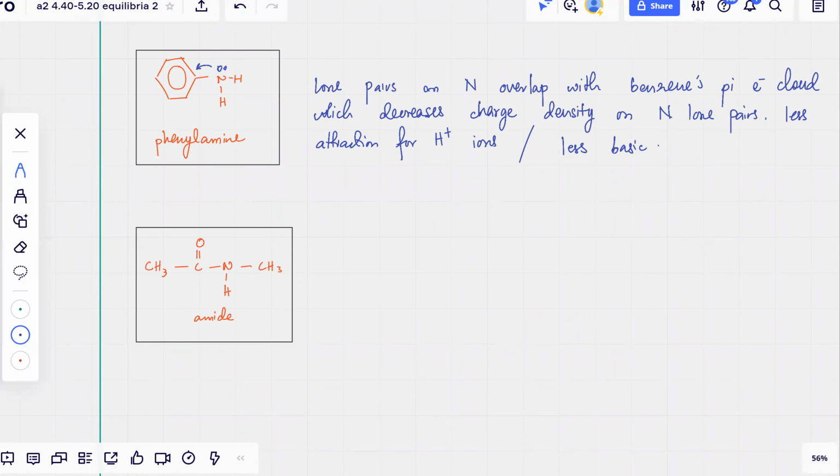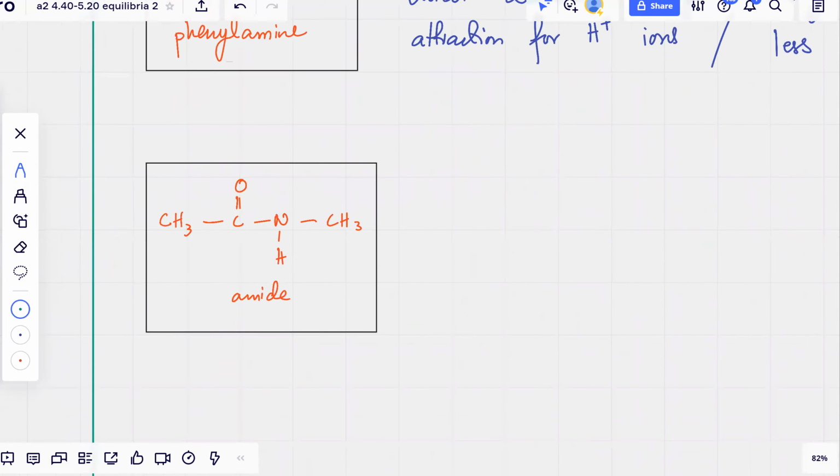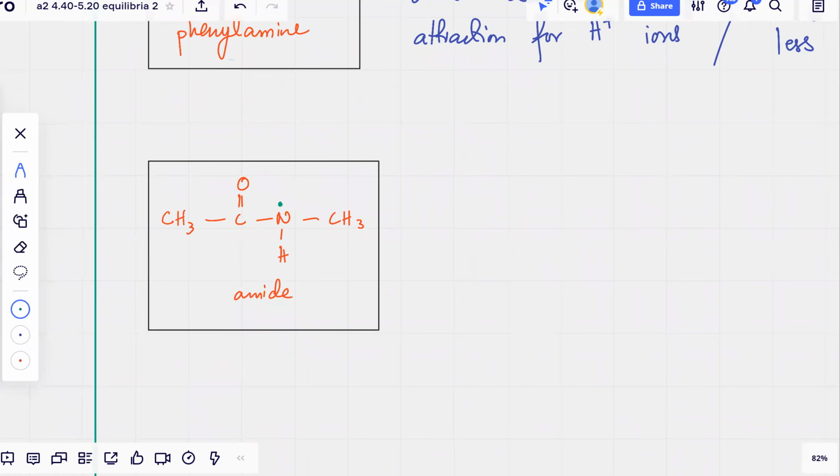Now, in this case, if you have an amide, there's a highly electronegative oxygen next door. So that oxygen completely withdraws the electrons and mixes those electrons with its double bond. So the lone pairs over here are not even available in the first place because the withdrawing effect is so strong.